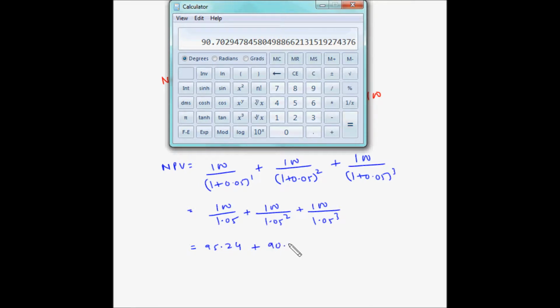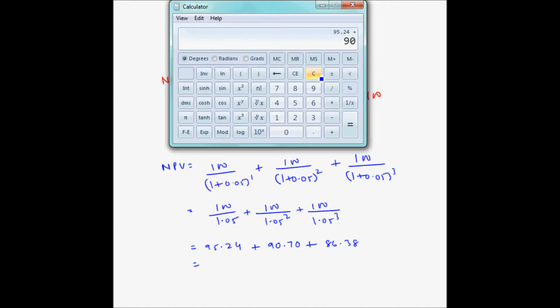So 90.70 plus 100 divided by 1.05 cube, which is 86.38.